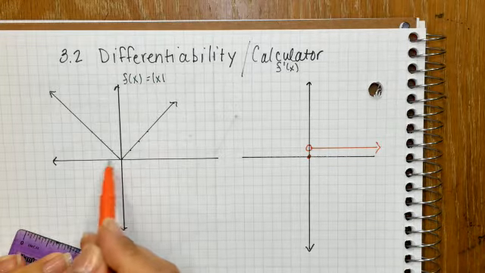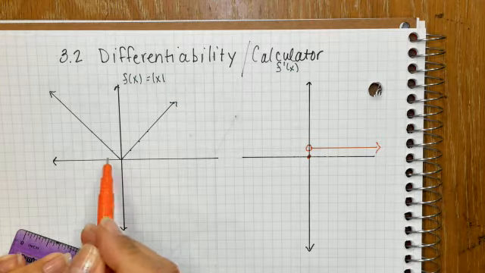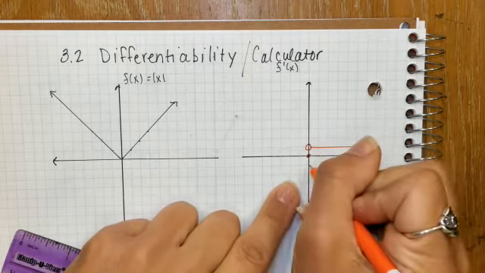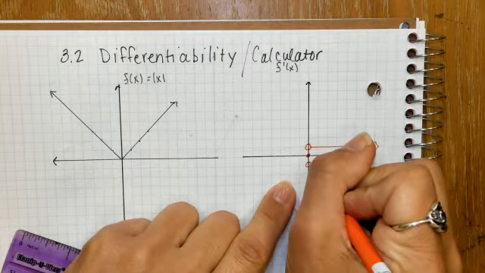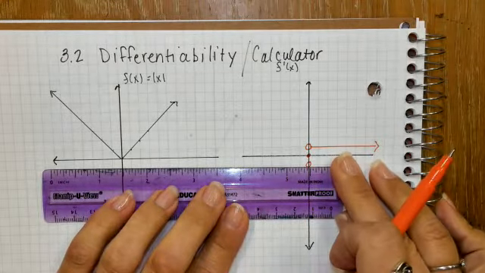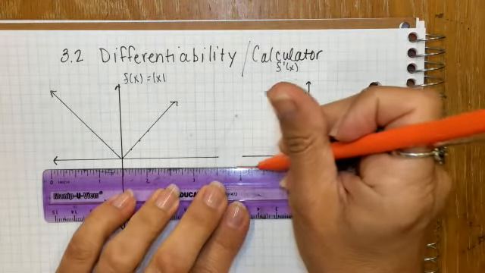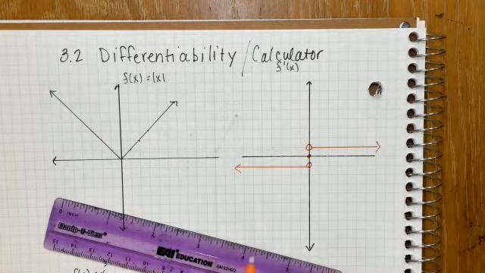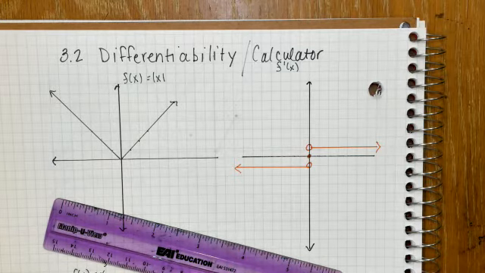So for all negative values of x, the slope is -1. There you go. This is the graph of the derivative of the absolute value of x.